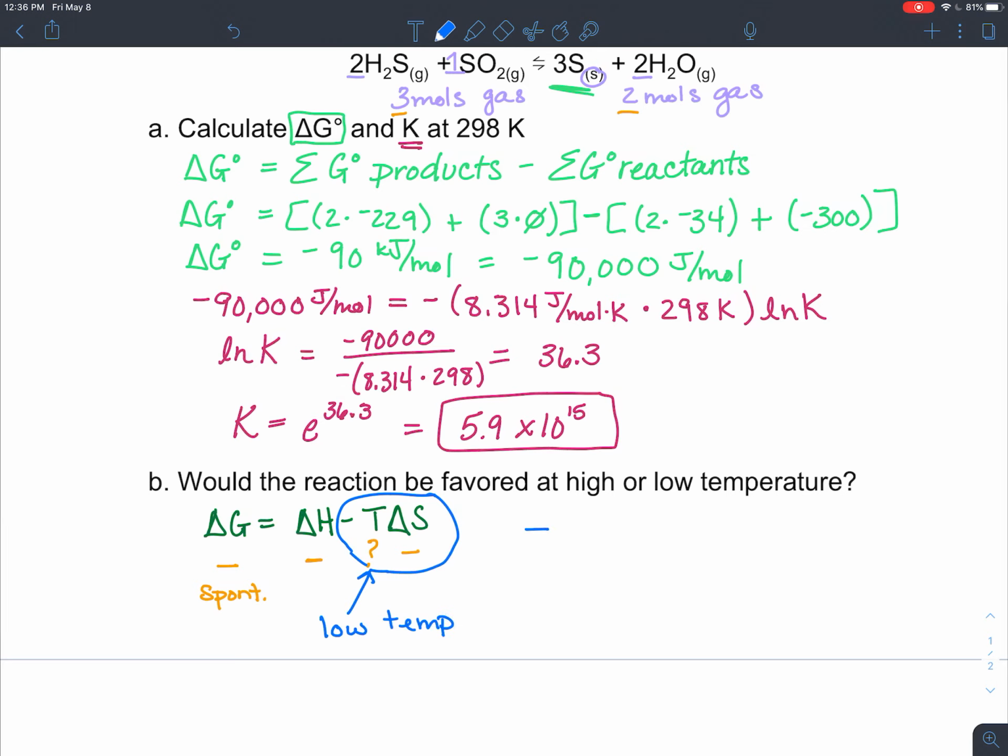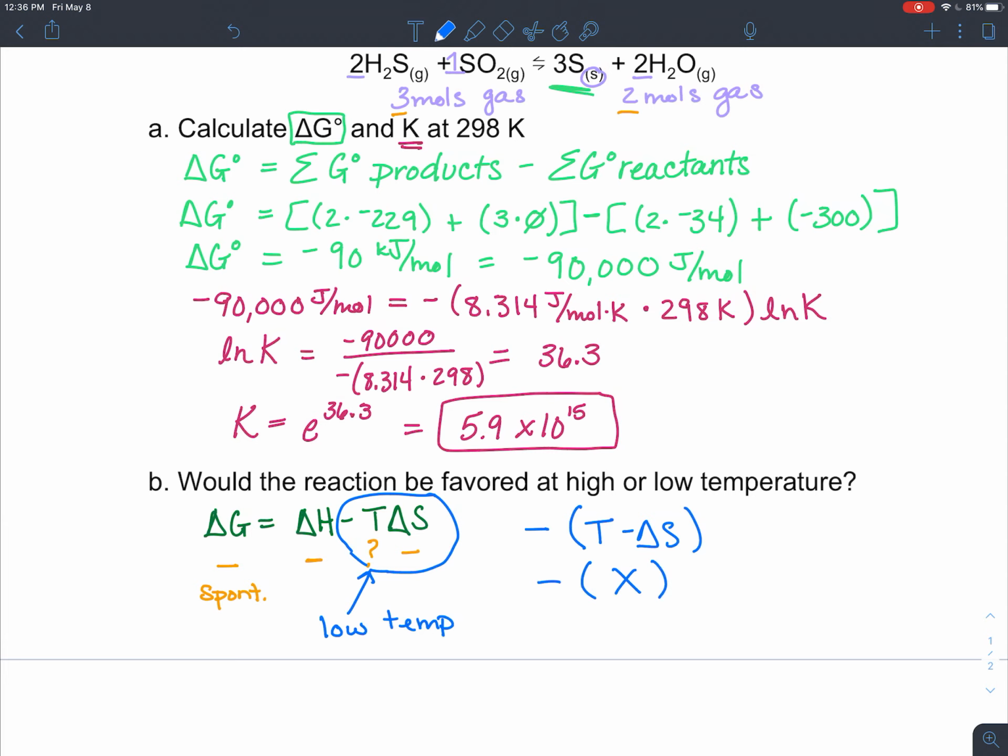Okay, so why? Well, if we're going to subtract and we know that the delta S is negative, that means whatever we get for T and we have a negative delta S is going to itself be negative. So we're going to have a negative value for whatever this is. We'll just call this X. Okay.